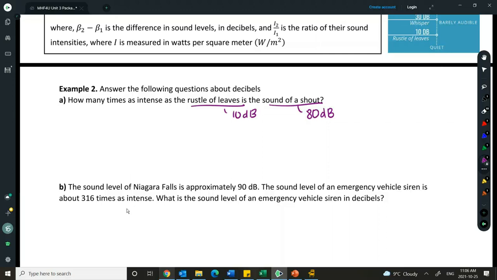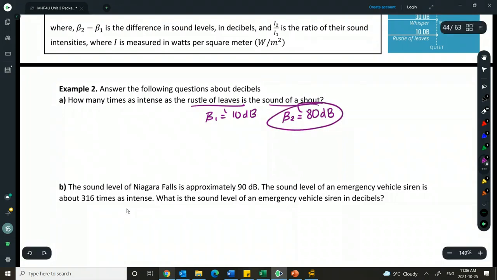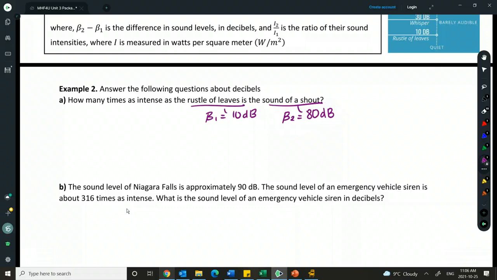So I'm going to call this, this is what we call beta. Looks like a B. Beta 1, beta 2. I make the more intense thing or the higher thing beta 2 because we're going to compare how much louder the louder thing is than the quieter thing. So let's plug this into our formula above.